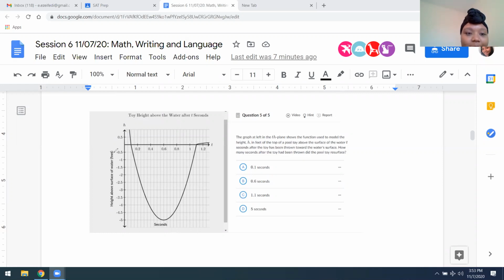We know that this is height above surface of water in feet. So we know that as the height increases, that means that the toy, I don't know why I said ball, didn't say ball, does it? No, the toy is above the water, and as H increases, it's more and more above the surface of the water.